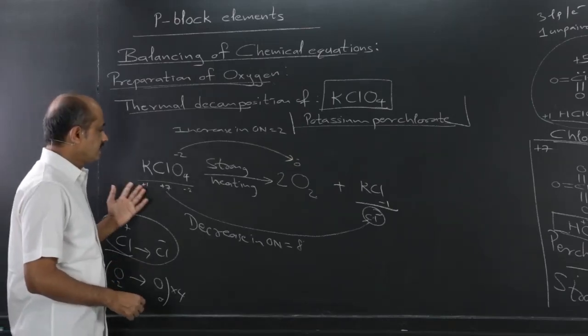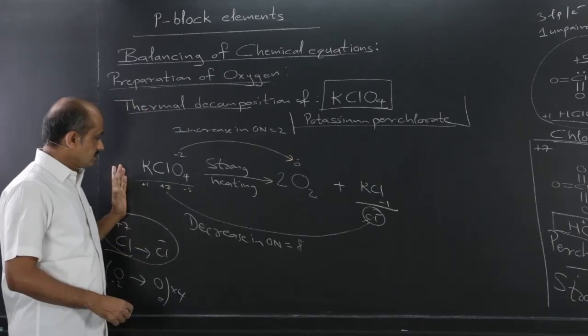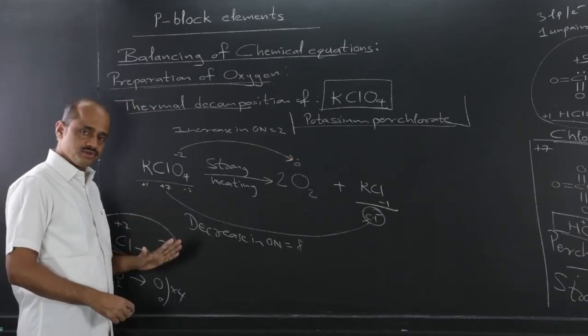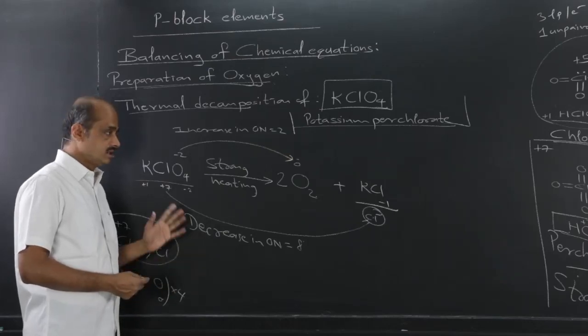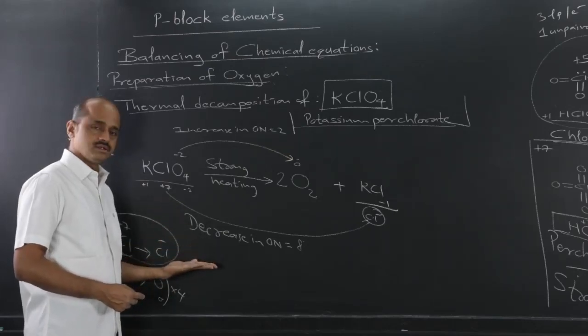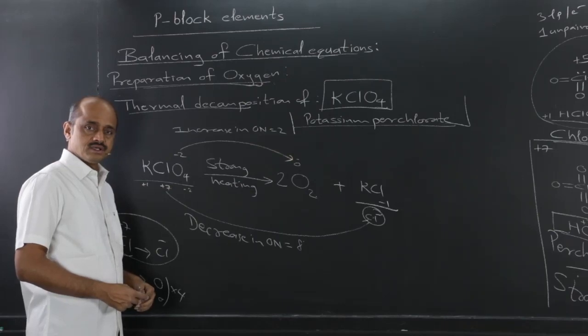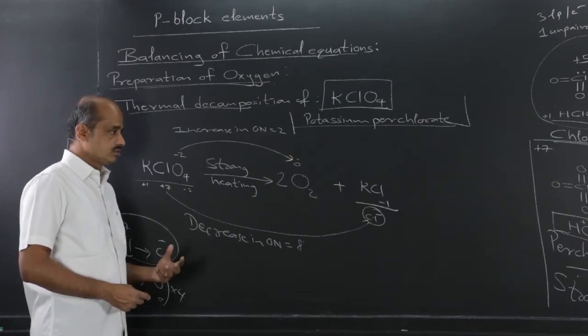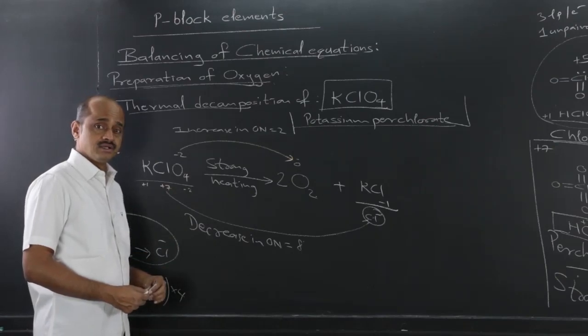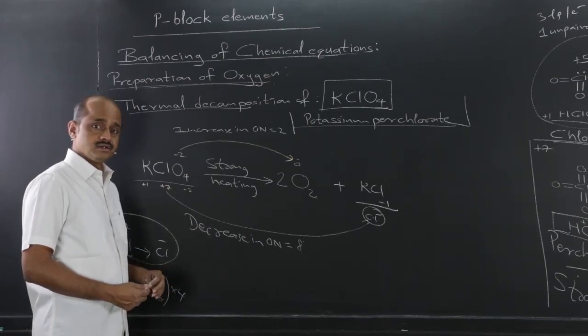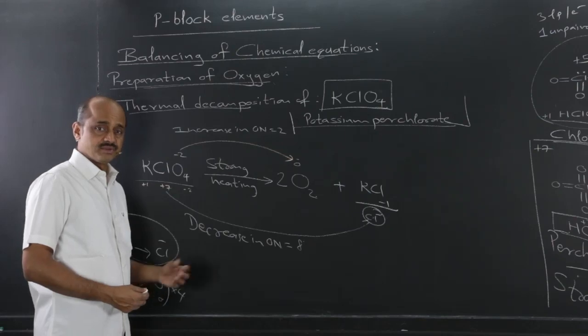Although this is not that difficult, balancing using the electronic concept, redox, oxidation and reduction, is a way to learn such types of reactions. Even though memorizing a few such reactions is easy, we should not follow that path, because that makes our further chemistry difficult.